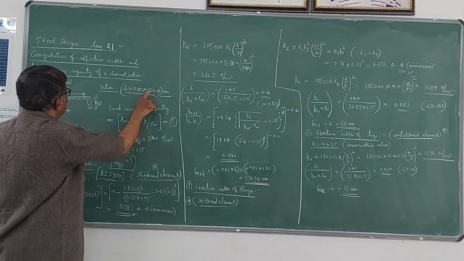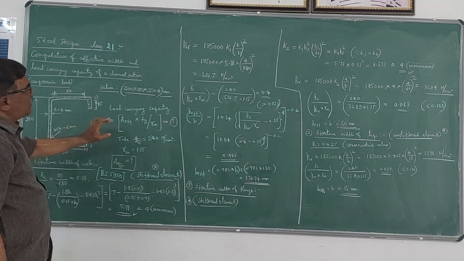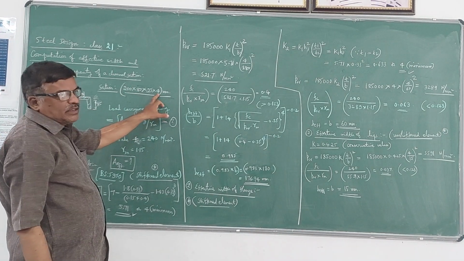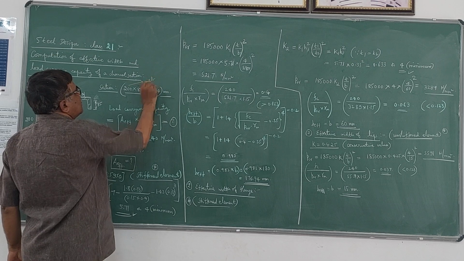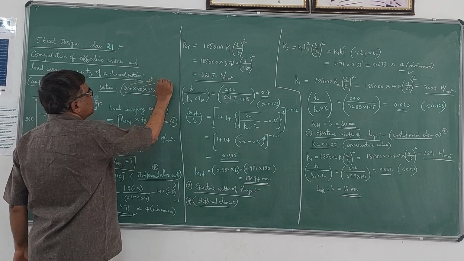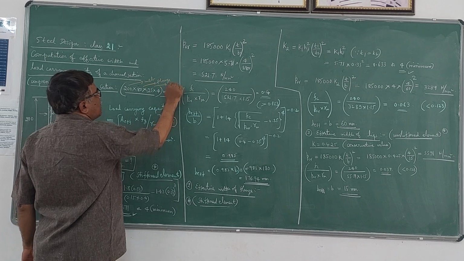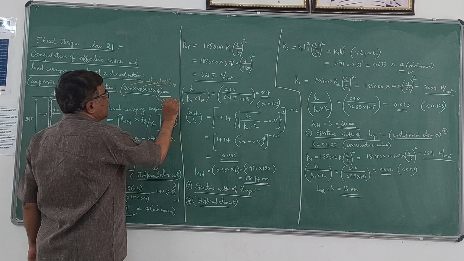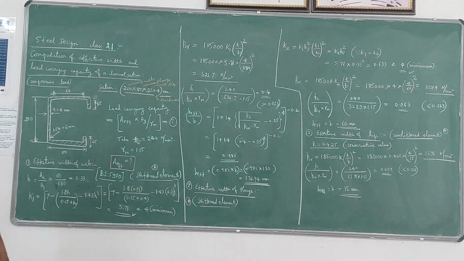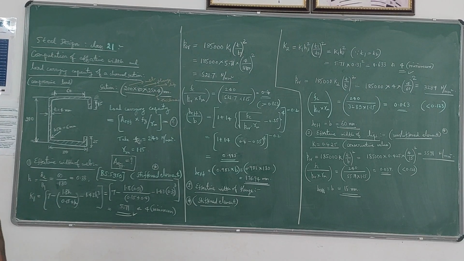Then 25 mm is the overall depth of the lip portion, or width, you can say. 4 mm is the thickness. So this 200 is for the web, 80 is for the flange, this 25 is for the lip, and this 4 is for the thickness. So this is how the dimensions of a channel section used in cold formed steel design are designated.